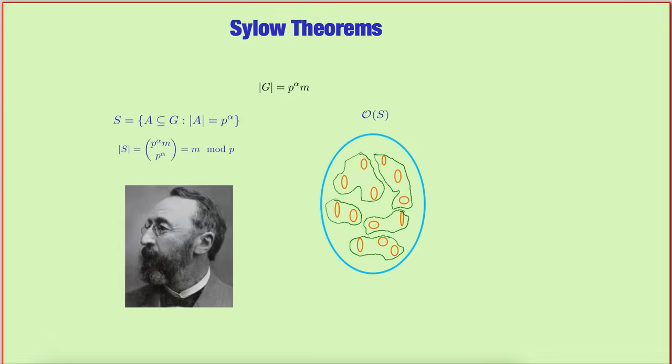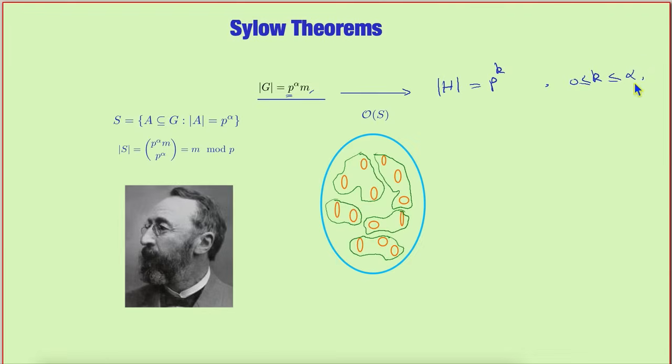So last time we proved Sylow's first theorem, which essentially states that if G is a group of order p^alpha times m, where p is some prime not dividing m, then G contains subgroups H of order p^k, where k ranges from 0 to alpha.